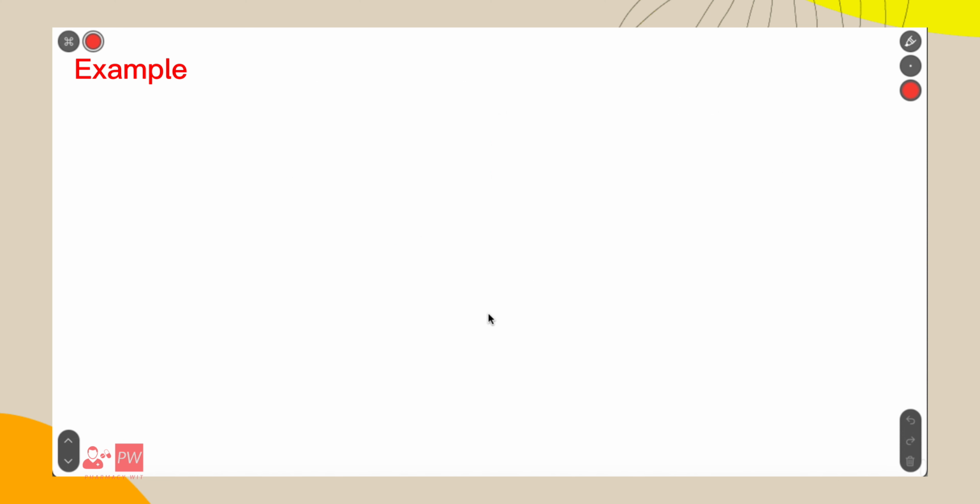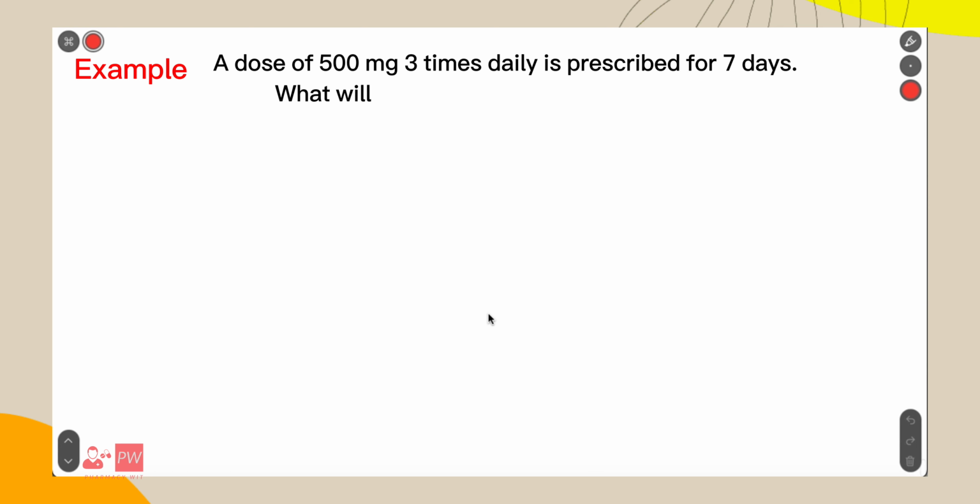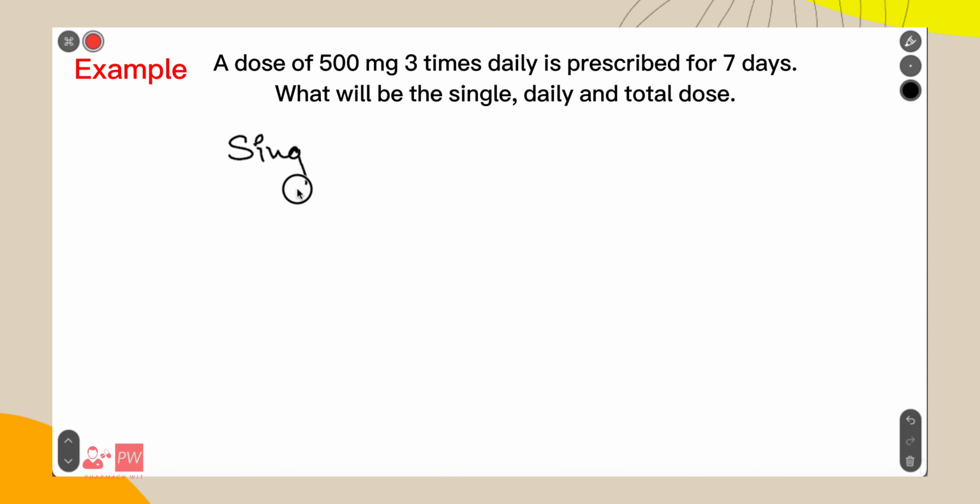Now the next example: a dose of 500 mg 3 times daily is prescribed for 7 days. In this question, 500 mg of drug is prescribed to the patient 3 times in one day for 7 days. So what will be the single dose here?